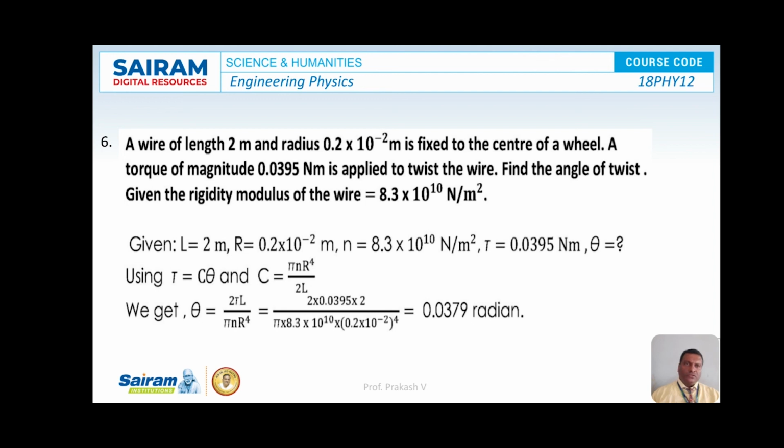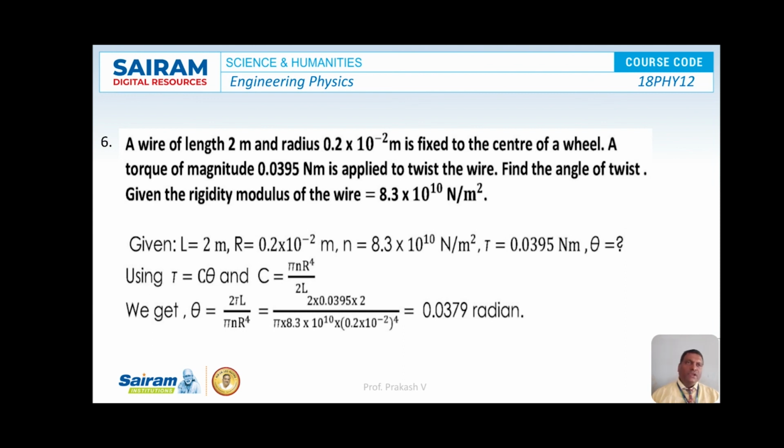So according to this problem, the given data is L is equal to 2 meter, radius of the wire R is equal to 0.2 into 10 to the power of minus 2 meter, rigidity modulus n is equal to 8.3 into 10 to the power of 10 Newton per meter square, and torque tau is equal to 0.0395 Newton meter. So what is the angular twist? That is what we have to calculate.